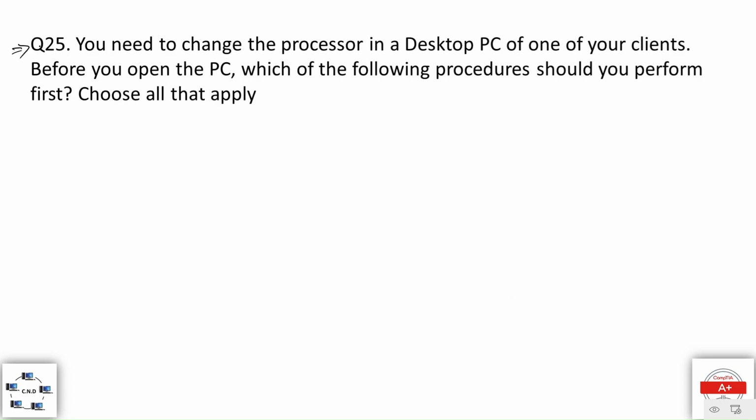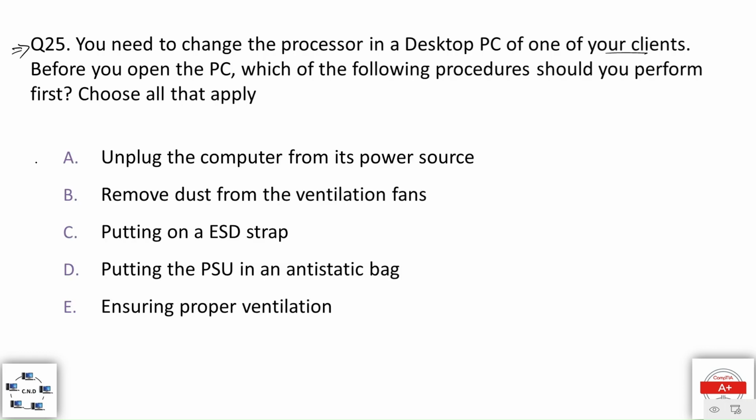Question number 25. You need to change the processor in a desktop PC of one of your clients. Before you open the PC, which of the following procedures should you perform first? Choose all that apply. The options are option A, unplug the computer from its power source.